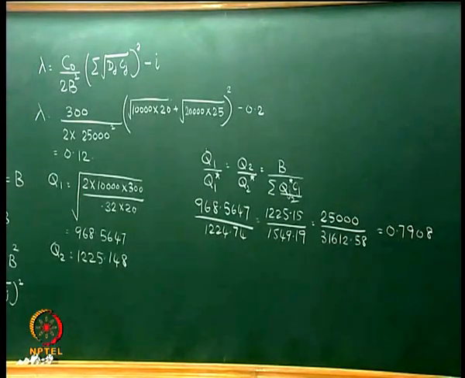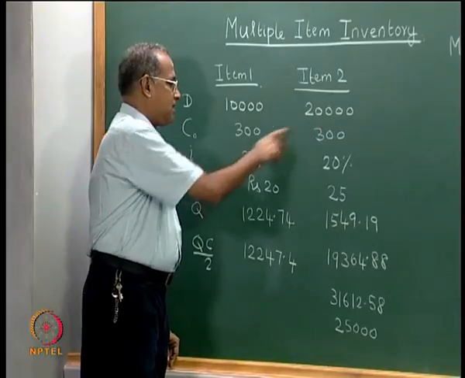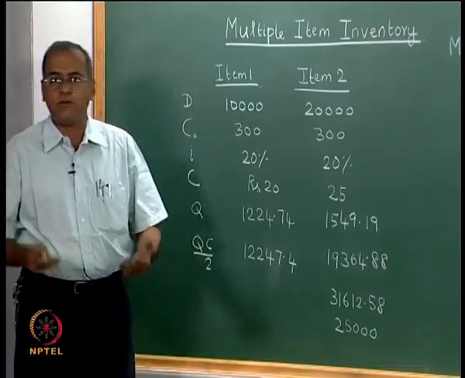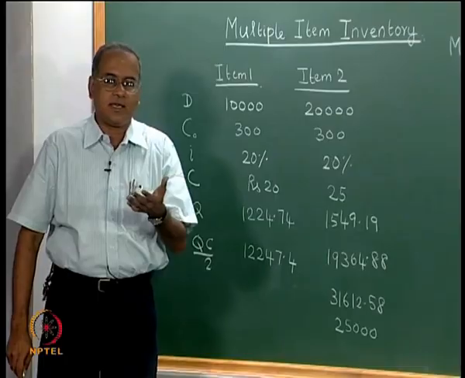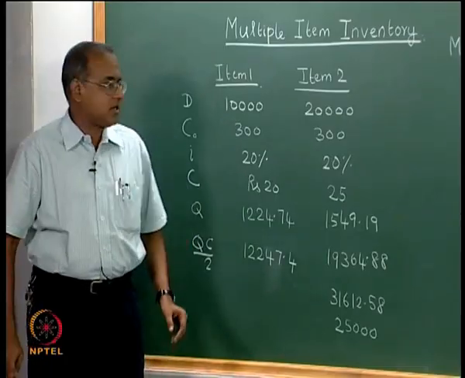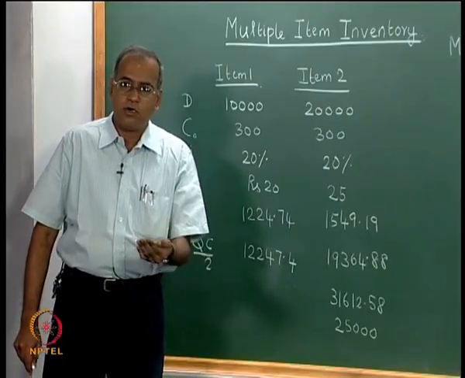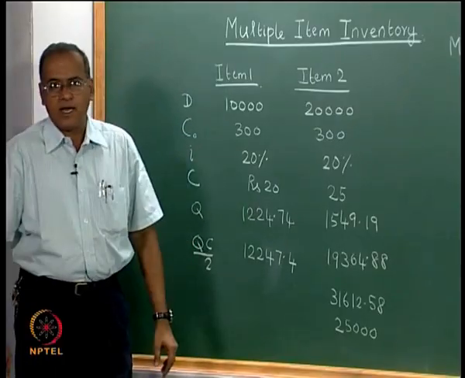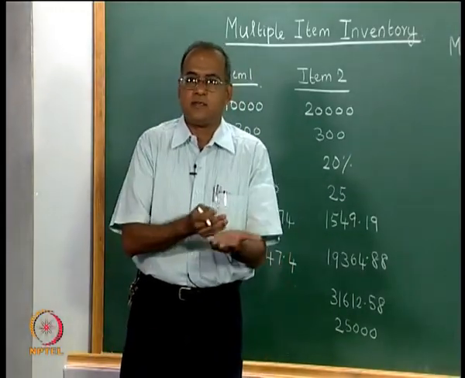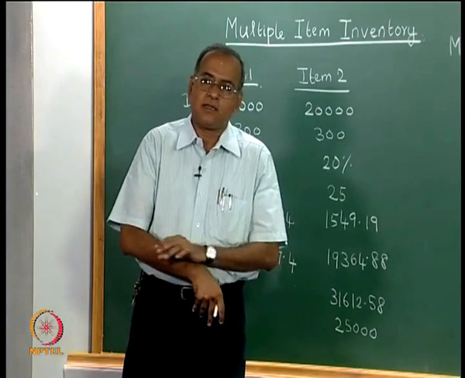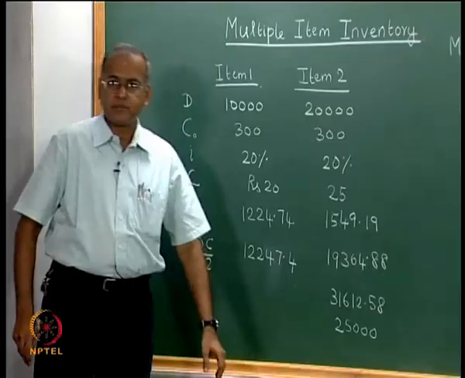Then it comes to the issue of, are we justified in giving the same value of C naught and the same value of I for both the items? In a way, giving the same value of I can be understood and explained, because I represents the interest on the money that is borrowed to procure these items, and we can assume that irrespective of the item that is procured, the interest remains the same, and therefore the carrying cost becomes I into C, and I is the same for all of them.